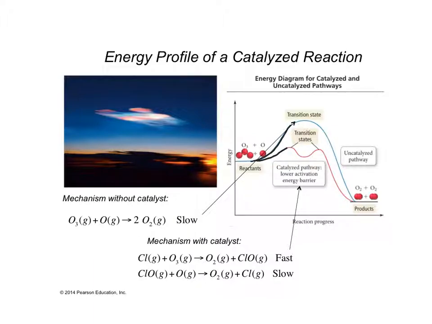Okay, so the blue line here is this decomposition of ozone in the uncatalyzed reaction. So we have a very large activation energy, right? And then the red is our catalyzed reaction. So even though it occurs in two steps, the activation energy for both of those steps is very, very, very small comparatively. And so overall, we get a much faster reaction, okay?